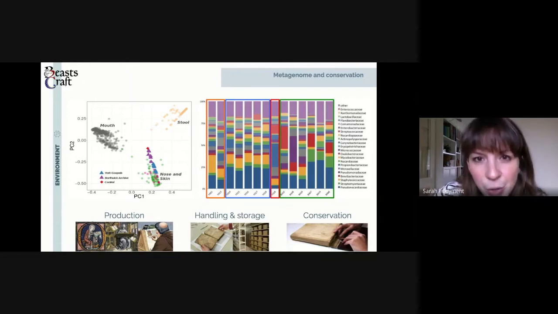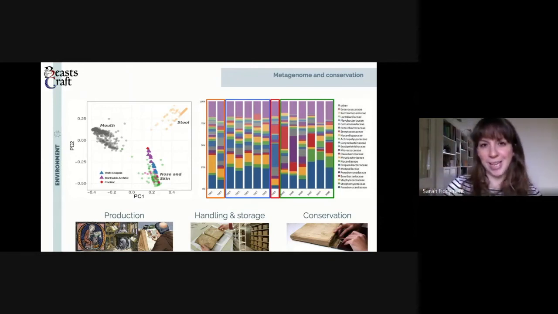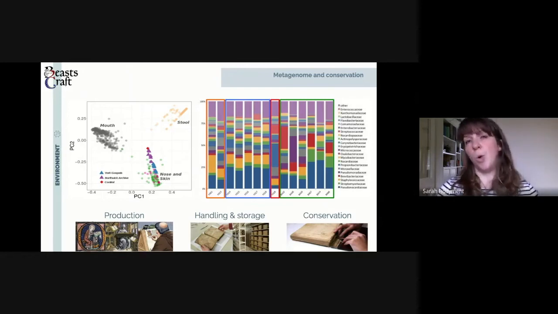So we compared it to the mouth microbiome, there's the stool microbiome, and then there's the nose and skin. And our samples plotted definitively with the nose and skin. So this is great because this is what we expected. The microbiome is to do with the handling of this object, and that's how our samples are plotting.